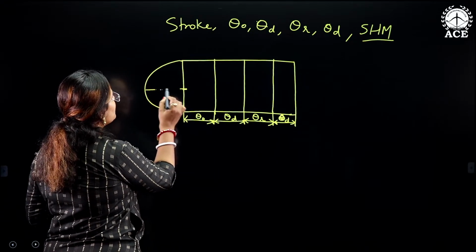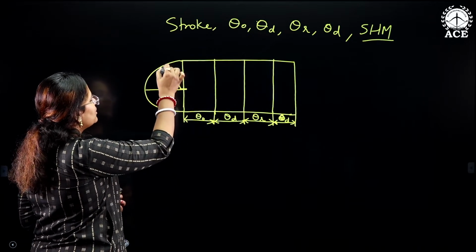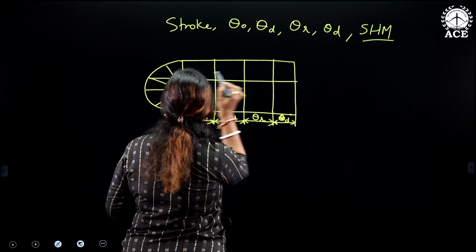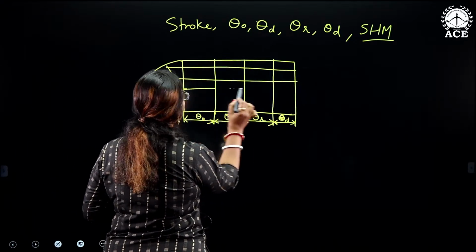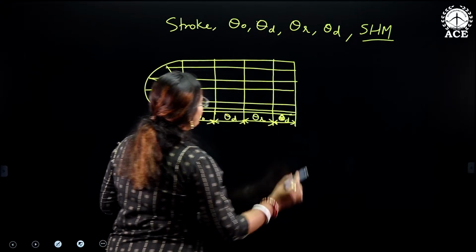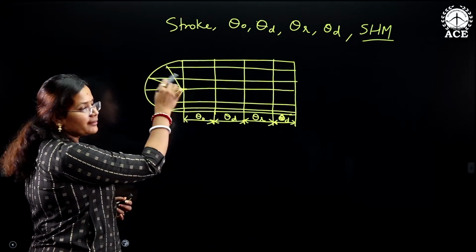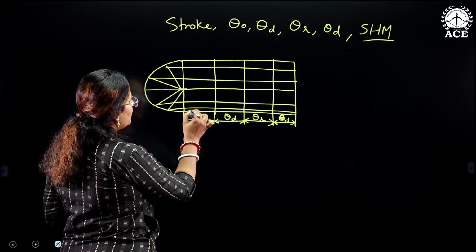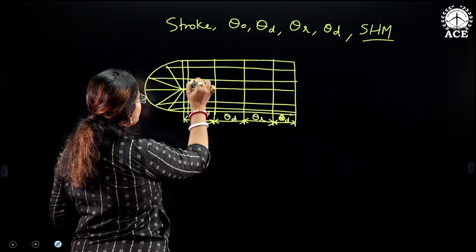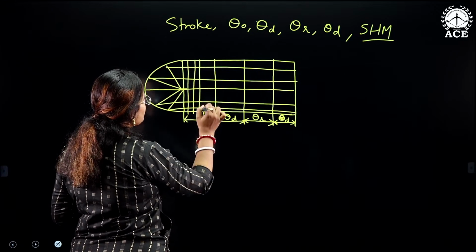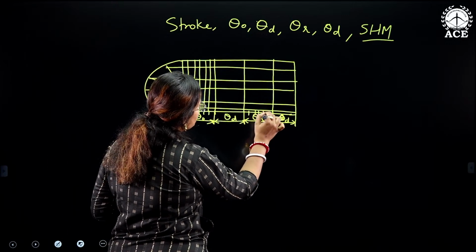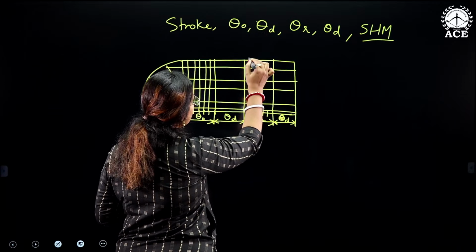SHM means we divide the semicircle into 6 equal parts and draw the projections like this. Since this is divided into 6 equal parts, we divide theta naught also into 6 equal parts. Further, the return stroke is also divided into 6 equal parts.